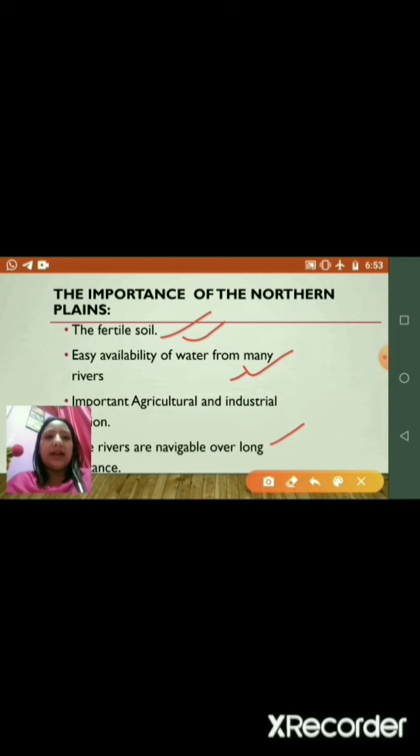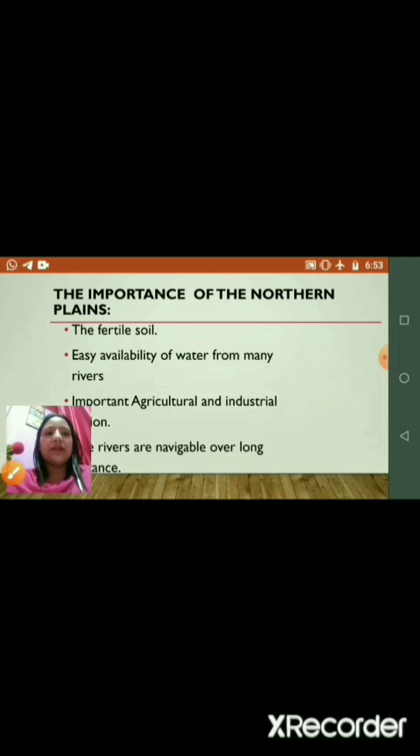The rivers are navigable over a long distance, and this also provides good roadways and railways transport. So for all these reasons, the northern plains are very important.